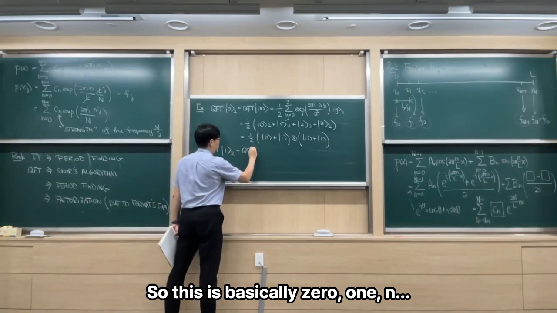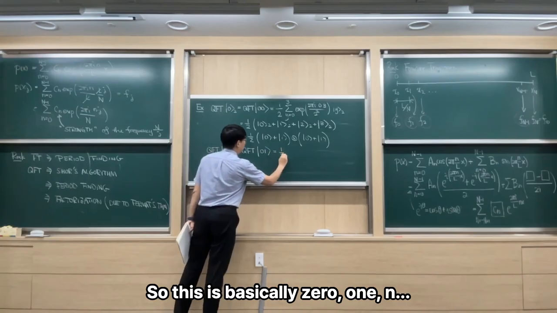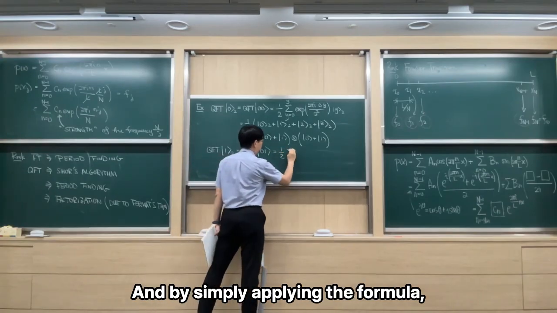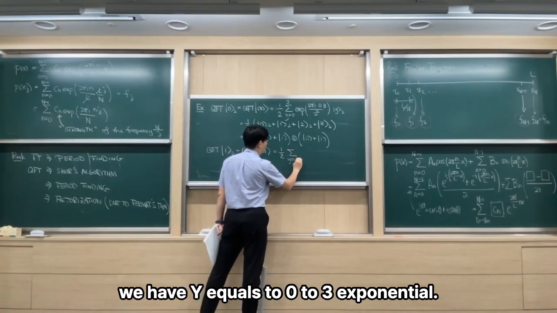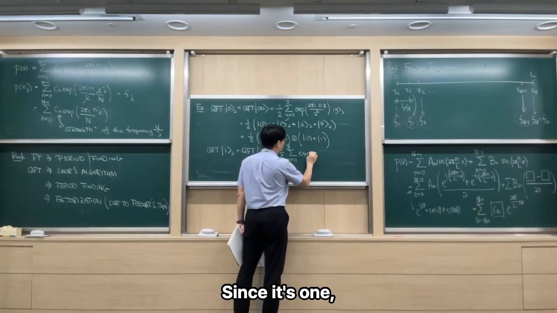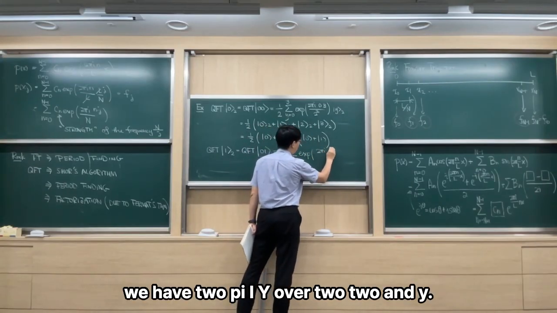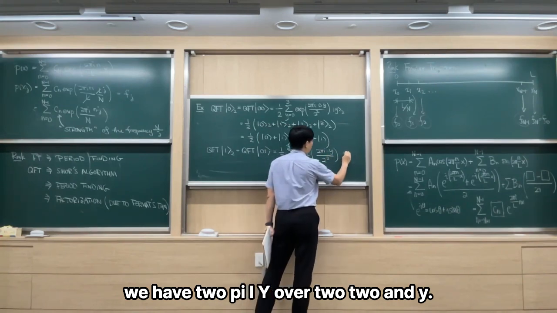So this is basically 0, 1. And by simply applying the formula, we have y equals 0 to 3 exponential. Since it's 1, we have 2 pi I y over 2 squared, and y.